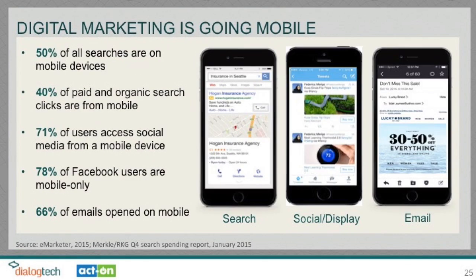And in this slide, we drill down into specific digital marketing channels to show you how they are also going mobile. Google recently announced that 50% of all searches are on mobile devices. So whether the result is paid search, organic search, SEO, 50% of those searches are now taking place on a smartphone or tablet.